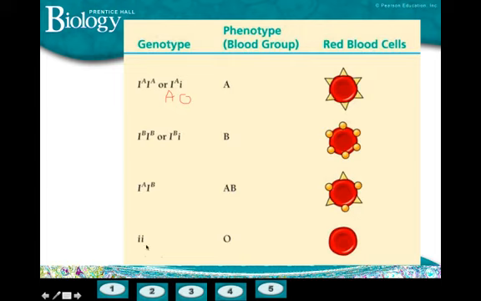I know it says lowercase i, but that's just the allele that stands for type O blood. Type O blood doesn't actually have any blood proteins on the surface. So type O blood can only receive type O blood, but it could donate to type AB, type B, or type A. You may have heard of that as being the universal donor, whereas type AB is the universal recipient.